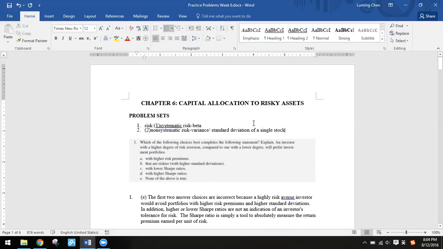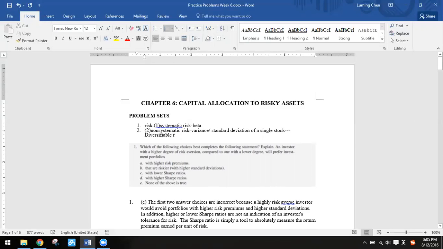Sometimes we also refer to non-systematic risk as diversifiable risk, because the systematic risk is non-diversifiable.